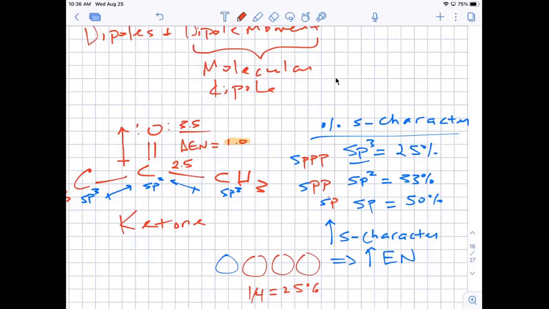Great question. What I'm trying to do is show the atomic dipoles first and use those to help us understand the molecular dipole, that the whole molecule has polarity to it. These dipoles are actually measurable. There's an instrument called a dipole meter that can measure dipoles of certain solvents and molecules. But if you notice, these are vectors.